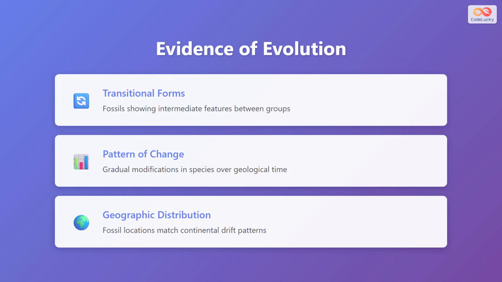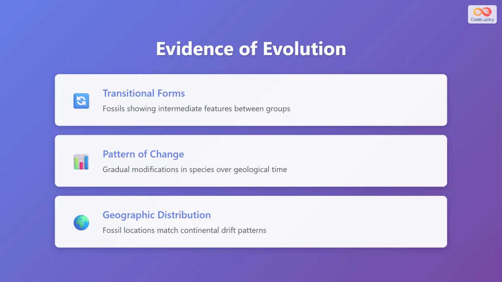The fossil record provides compelling evidence for evolution in several ways. First, it contains numerous transitional forms, which are fossils showing intermediate features between different groups of organisms. These transitional fossils demonstrate how one type of organism gradually evolved into another. Second, the fossil record reveals a clear pattern of change over time.